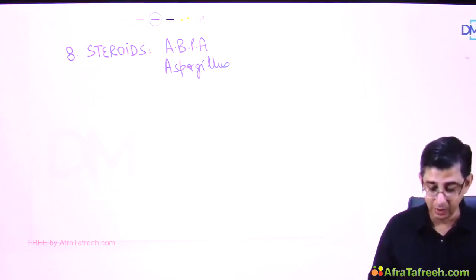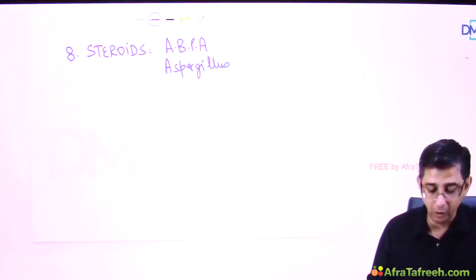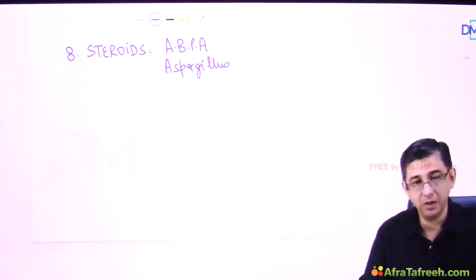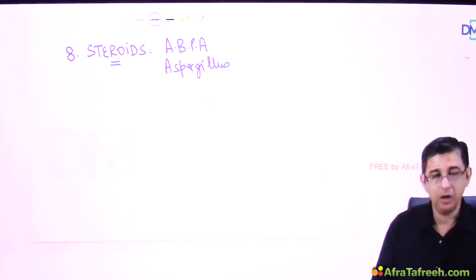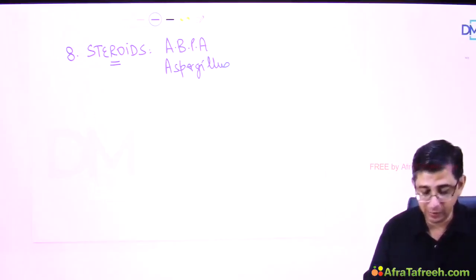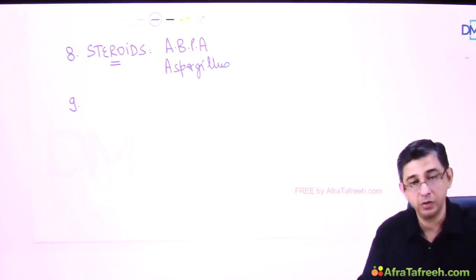So aspergillus can contribute to allergic bronchopulmonary aspergillosis, and this ABPA responds to antifungal drugs like itraconazole, but steroids are also given, because when you have a hypersensitivity reaction to the organism aspergillus, steroids will be used to reduce it.